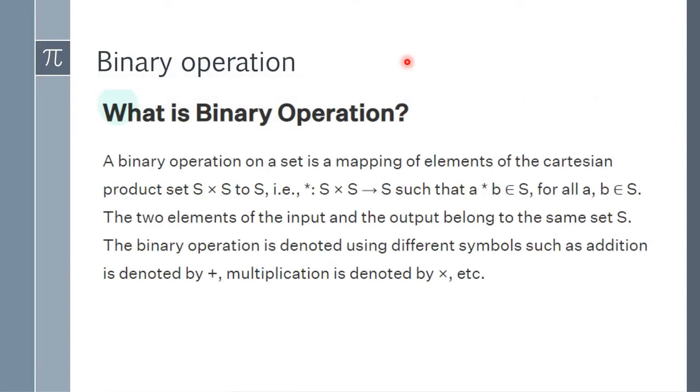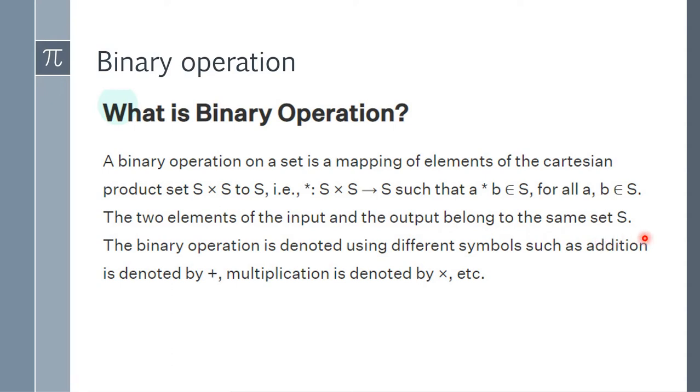So, binary operation. Unsa man ang binary operation? A binary operation in a set is a mapping of elements of the Cartesian product set S cross S to S. Example, we have the star, S cross S to S, such that A star B is an element of S. So, star here represents the operation, for all A, B, element ni S. Meaning si B naa ni S. The two elements of the input and the output belong to the same set.